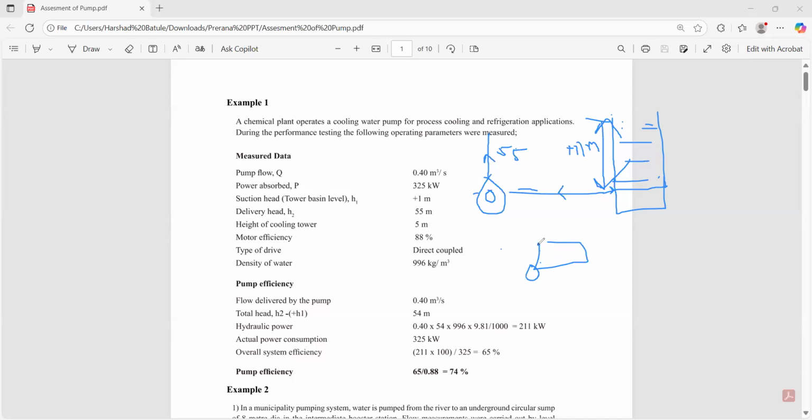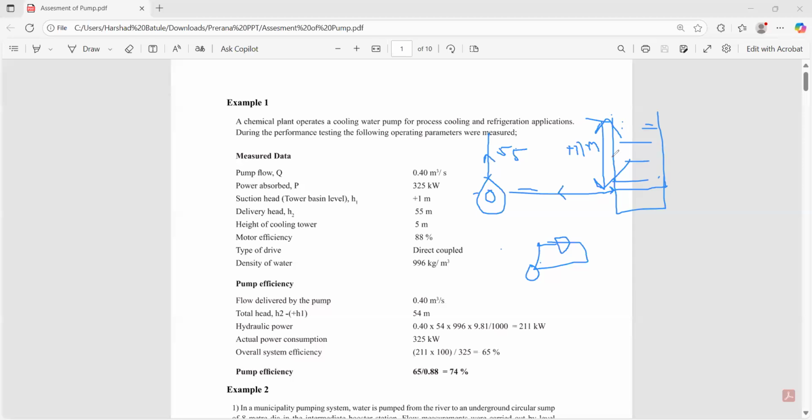Water flows from here to the application, then comes back. So your pump suction and discharge head are both required, and there is only a small loss of gravity or flow, so the height of the cooling tower is not required.